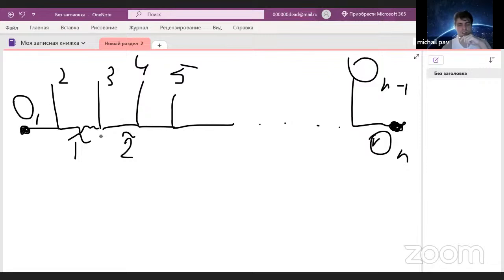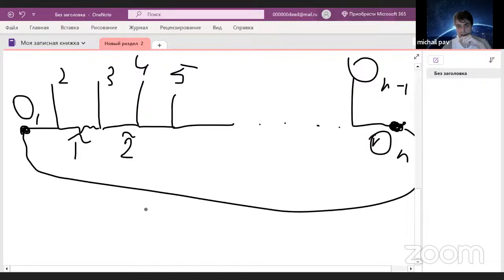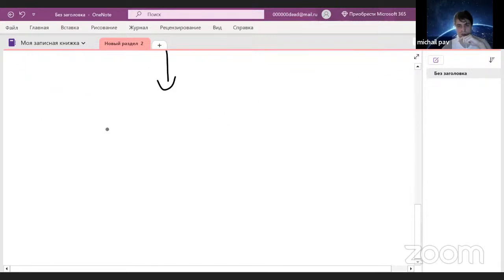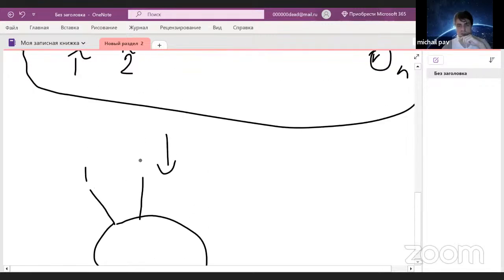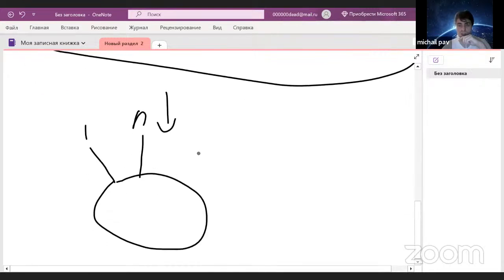If we consider this comb channel block on the sphere and consider these two to be connected, we actually have a circle with the first operator here and the operator number n here, and from the topological standpoint, this is our necklace block. So this choice of channel is not random.